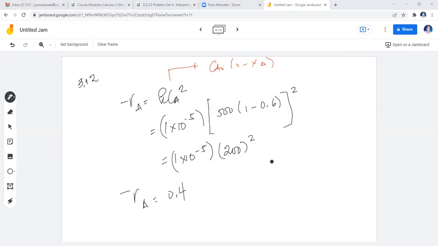Rate, unit for the rate of reaction. Patrick, what's the set of units for this rate of 0.4? Isn't it that rate is the rate of change of the concentration with respect to time? So what should be the set of units for this?